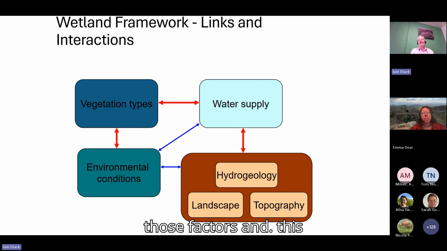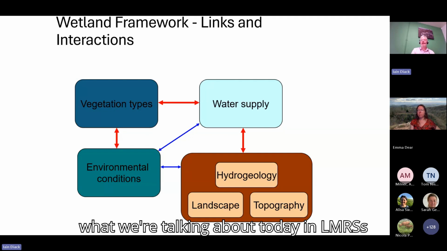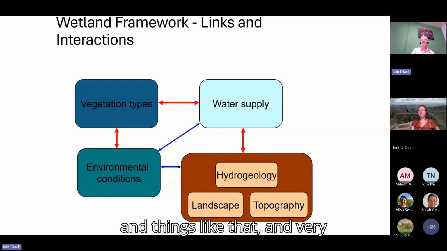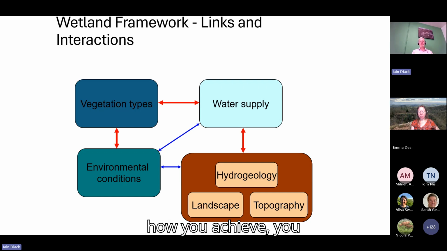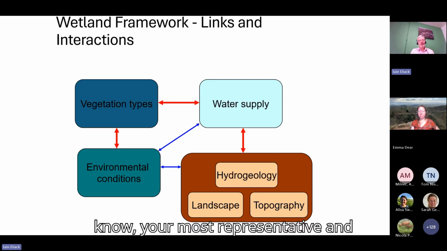And this is very useful as well, I think, for what we're talking about today in LNRSs and things like that, and the very place-based nature, which is how you generate the most biodiversity, because every place is unique, every place generates different conditions which support different animals and plants, and that's how you achieve your most representative and highest biodiversity, most resilience to change of various sorts, all of these things.